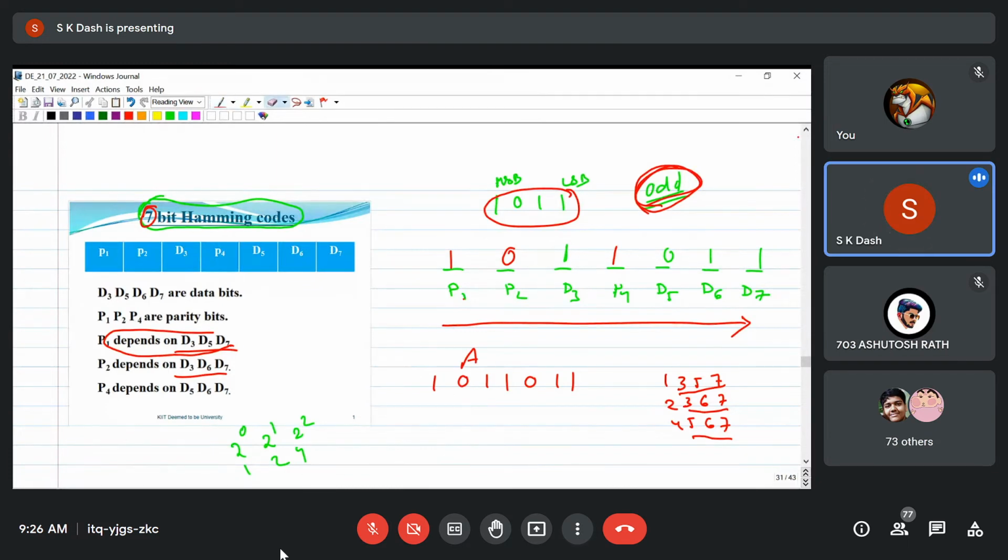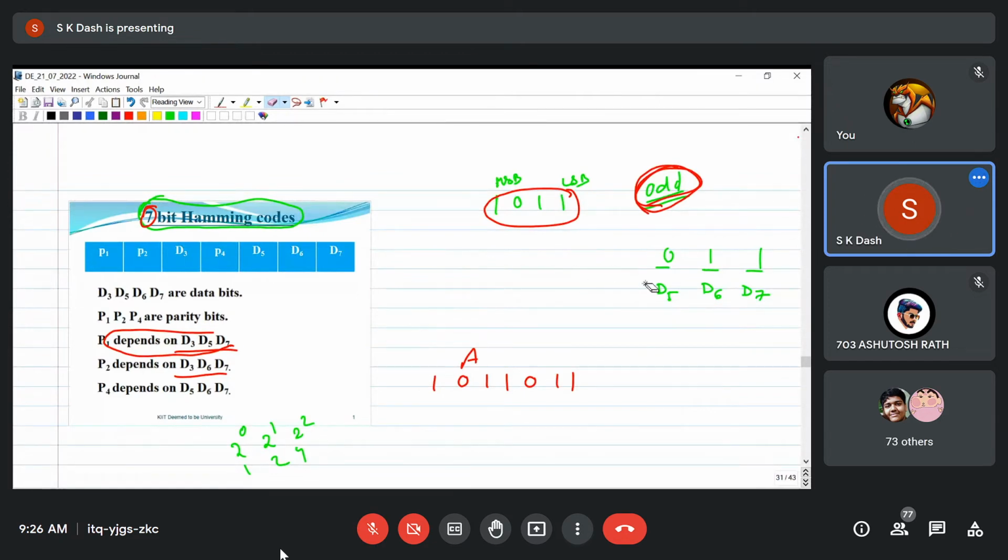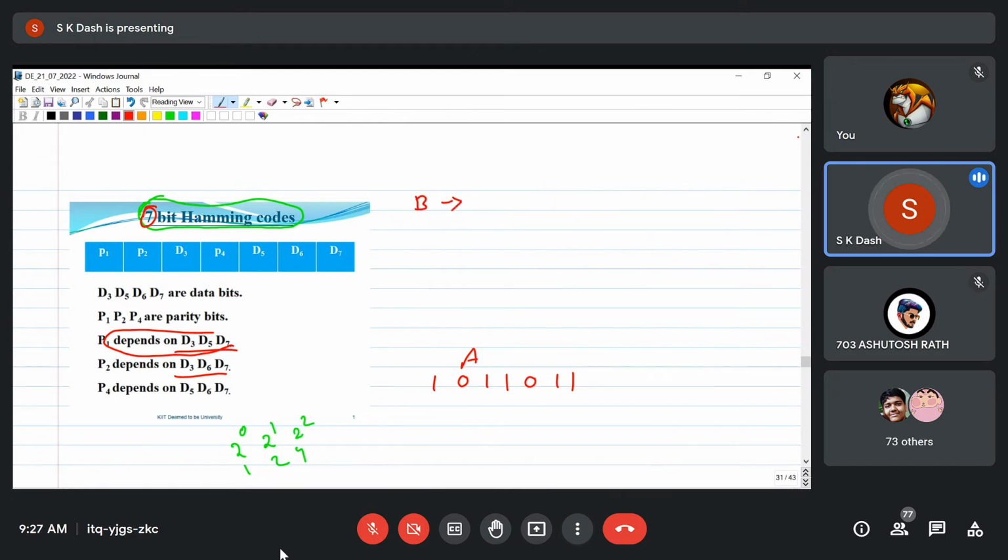Now, this message will be sent to place B. Assume that an error takes place. Tell me any one position where you want the error, so that when the message reaches place B we'll be able to find out whether whatever we decode is correct or not. Any particular position, P1 to D7?